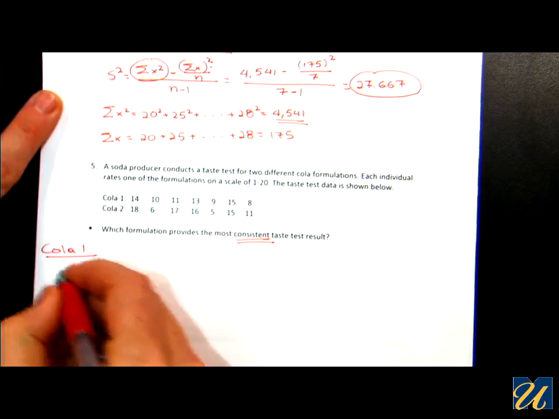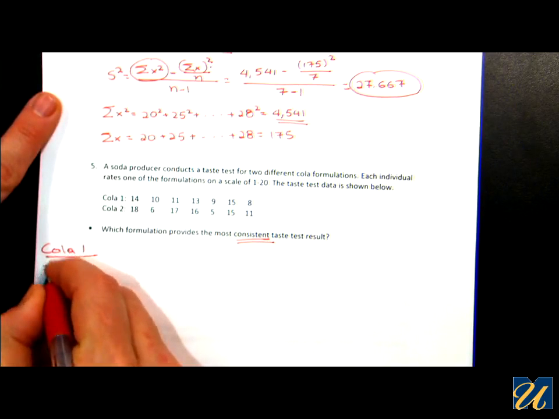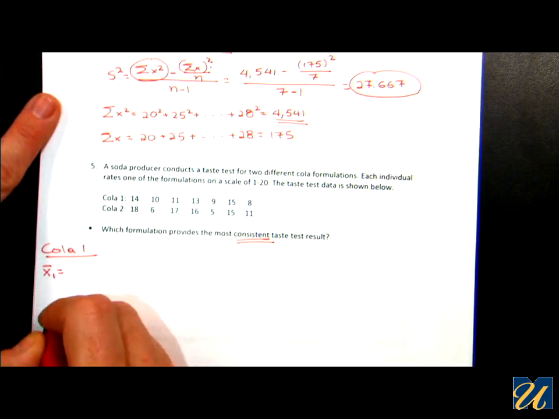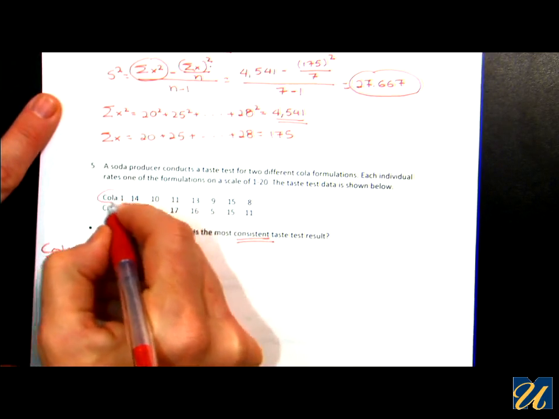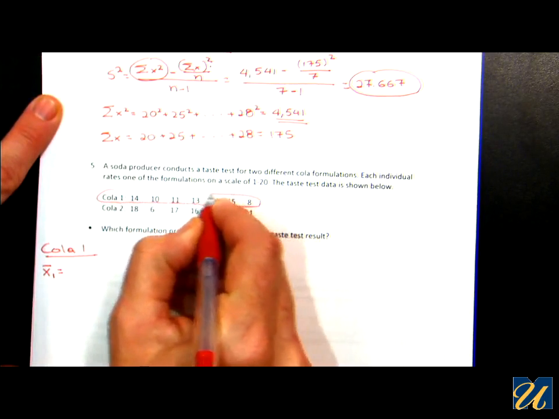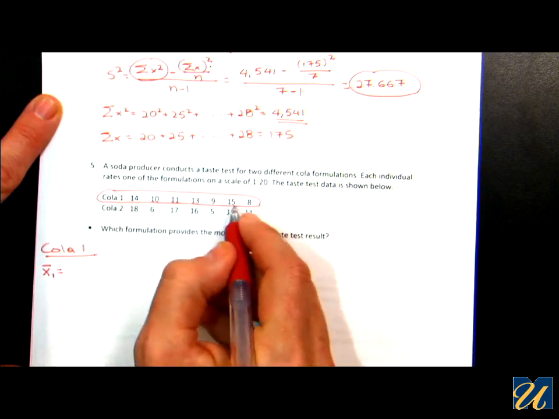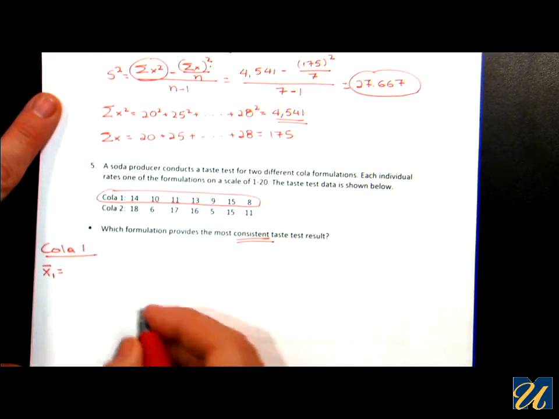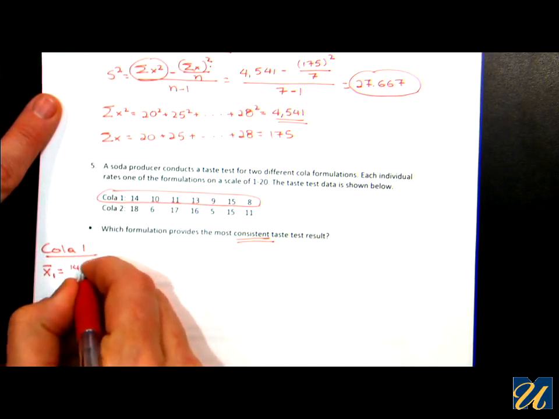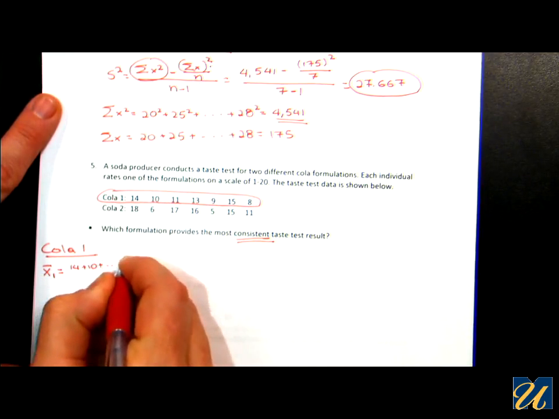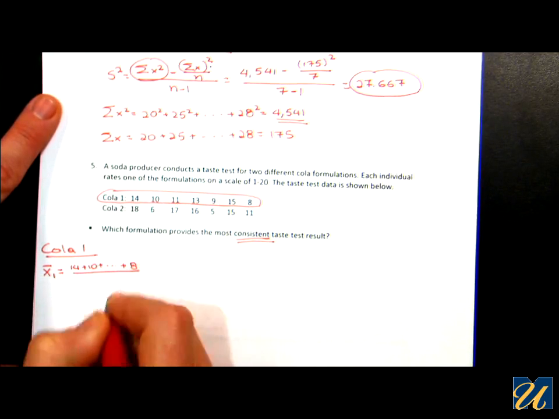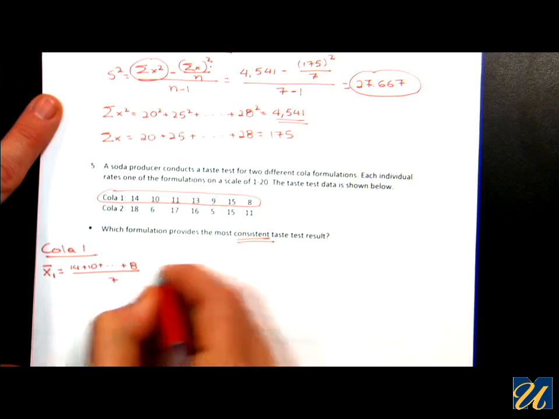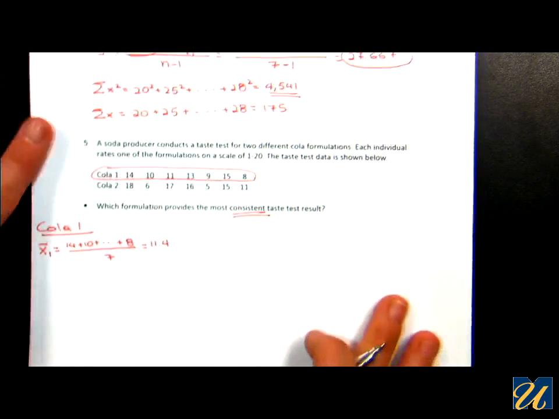cola 1. The X bar, the sample mean for this data set, will be, we add them all, 14 plus 10 plus all the way to 8, over how many entries do I have? 7, which is equal to 11.4.